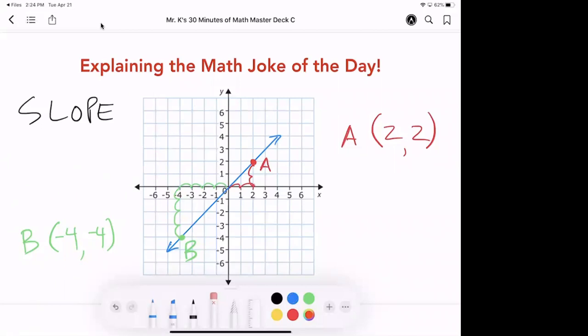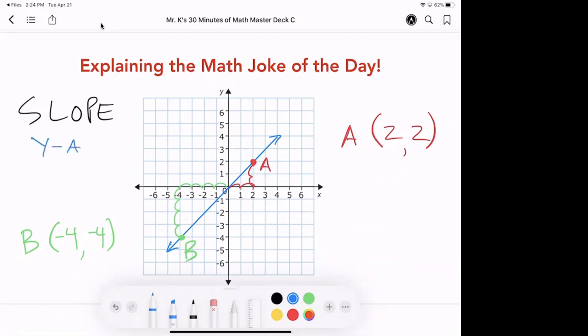So the question is, how do we define the slope of the line? And we do that by picking 2 points and figuring out what the change is in the y-axis and in the x-axis.